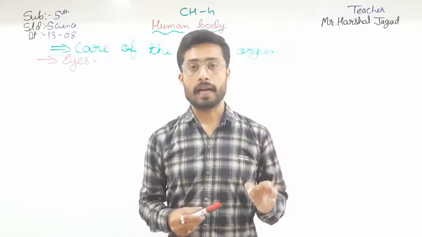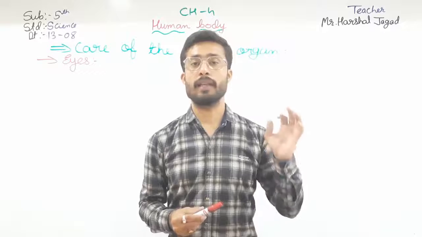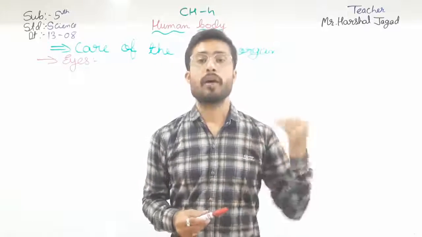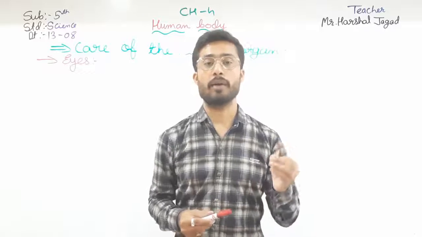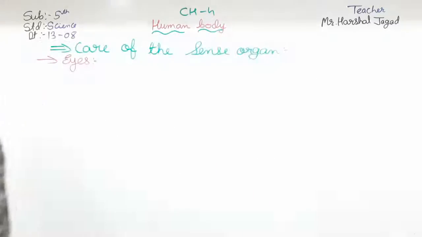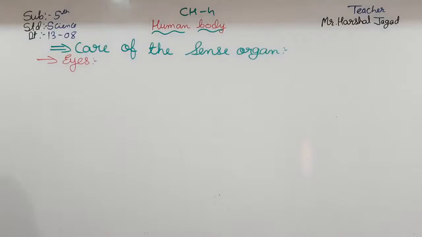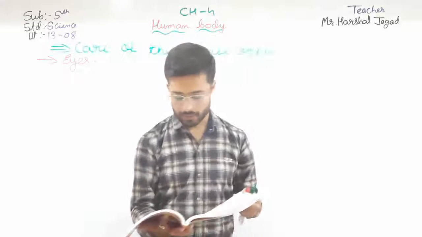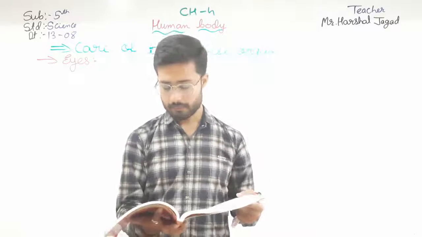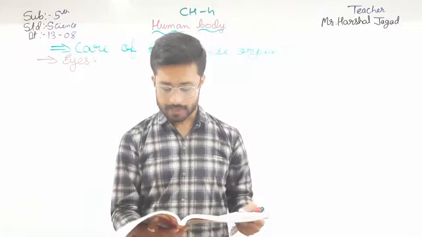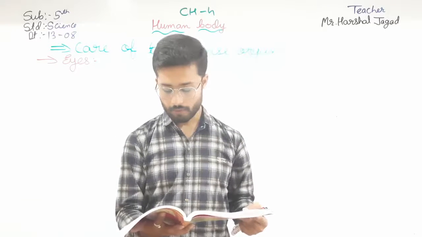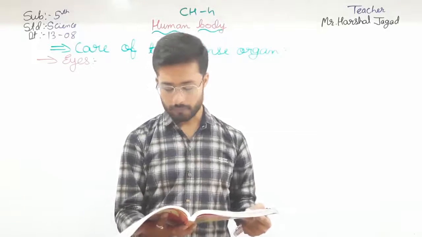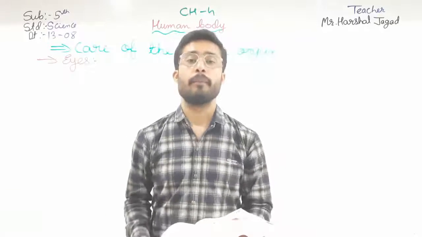So if you want to see the world clearly, you have to clean your eyes daily. Clear, bright, sparkling eyes are an indication of good health. When you wake up in the morning, you wash your face and splash water on it. The eyes feel fresh, with sleep and drowsiness chased away. A few good rules for the care of your eyes are given on the pages.